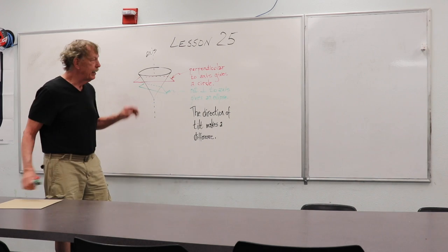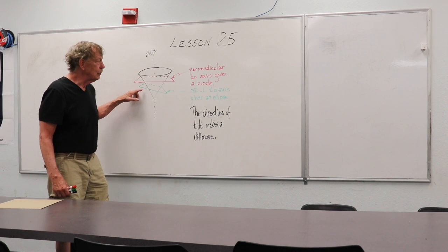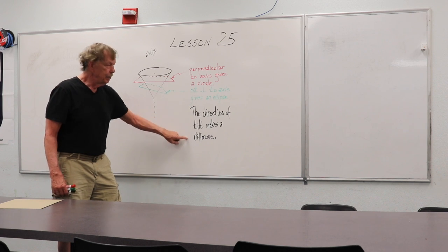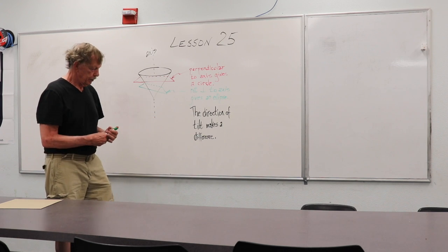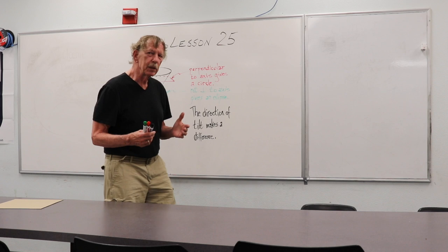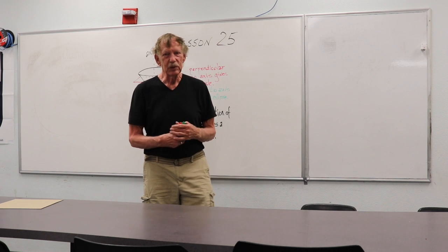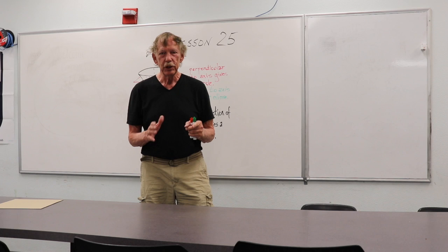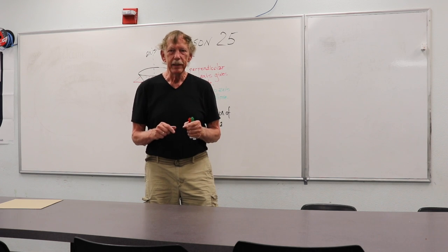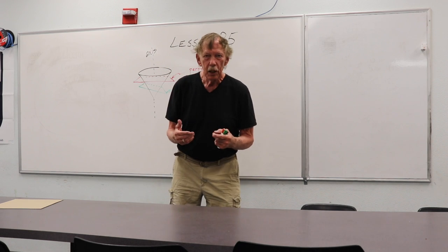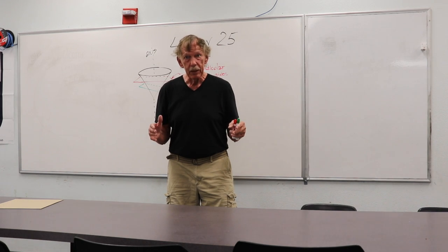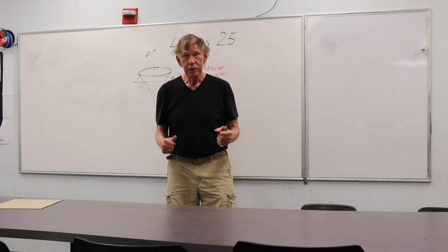So the cutting plane makes a difference. The direction of tilt makes a difference. The equation of the cone stays the same. The image of the cone is going to change, and we're going to look right now at the equations that result where B is bigger than A.